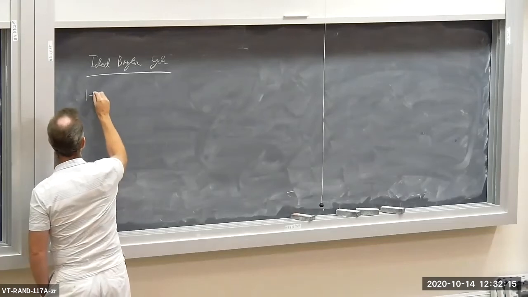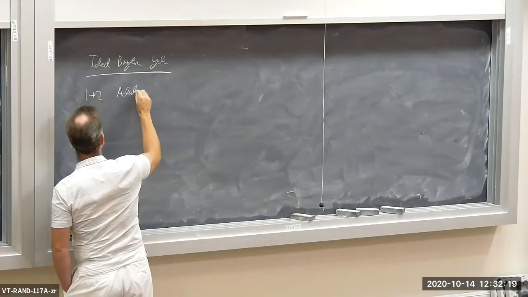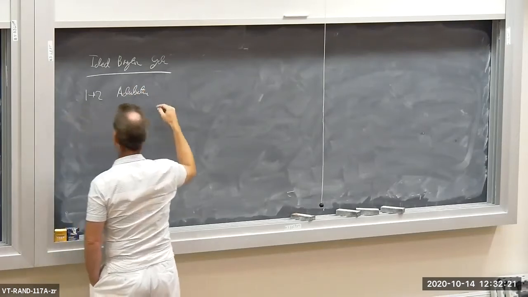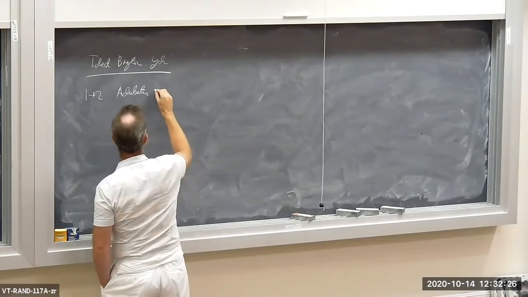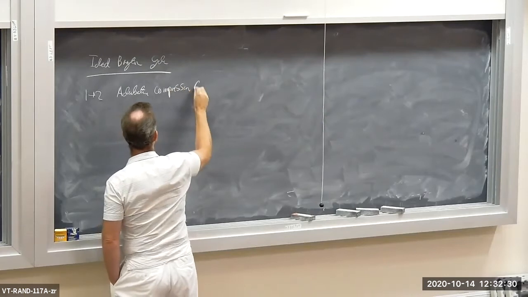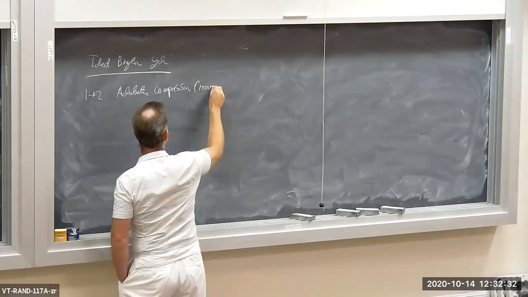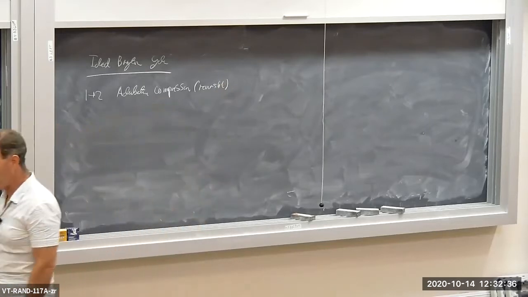We have process 1 to 2, which is adiabatic, and therefore adiabatic reversible, and therefore isentropic compression. Reversible adiabatic, therefore isentropic.